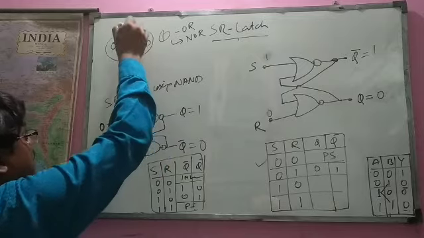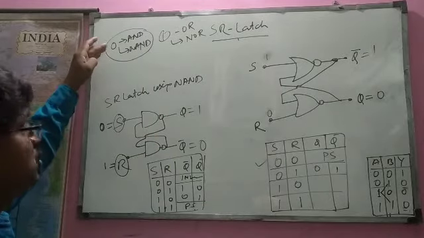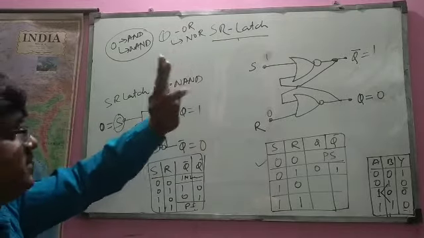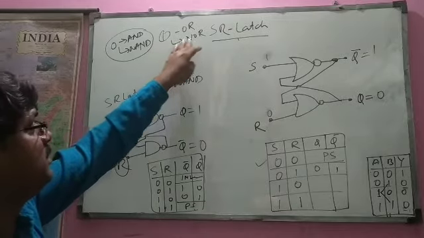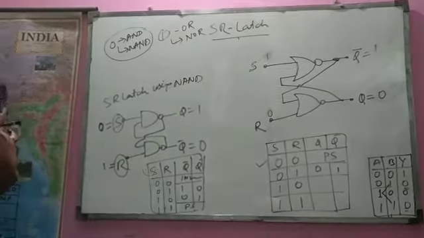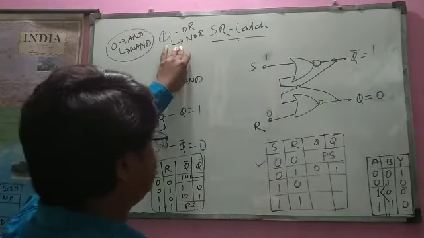If any one of the inputs is the non-enable value, its output is fixed. If only one input of this OR or NOR is 1, the output will be 0. So in this case this is enable.